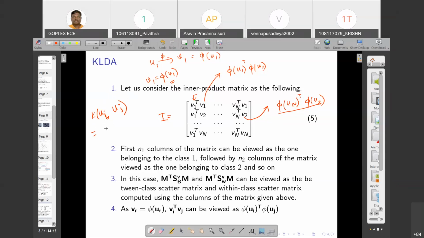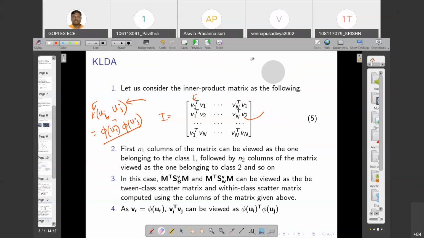This is basically the inner product of the corresponding vectors in the higher dimension space, which I can define as a function called the kernel function. In other words, this matrix can be represented using the kernel function instead of using v1, v2.